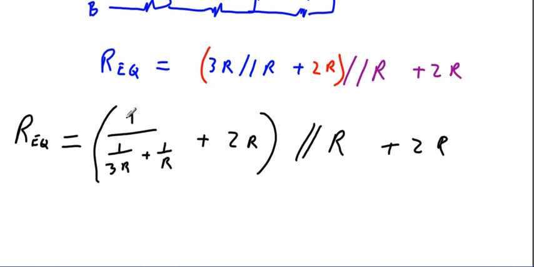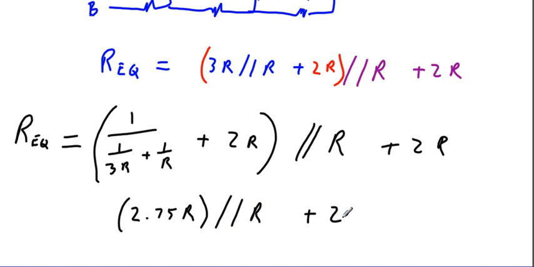Okay, well, 1/3 plus 1 would be 4/3 over R. That would be inverted to 3/4 R. So 3/4 R plus 2R would be 2.75 R in parallel with R plus 2R.